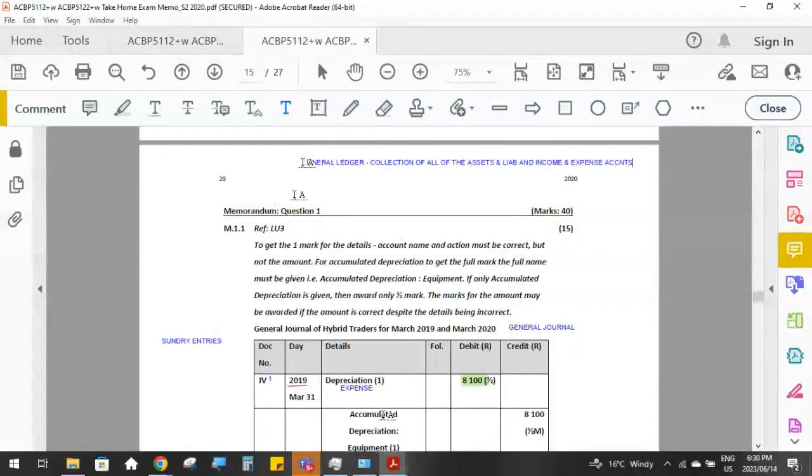All of those make up the general ledger. So when you see that word ledger, that indicates that it is a collection of all of the accounts that we've got in our accounting system.